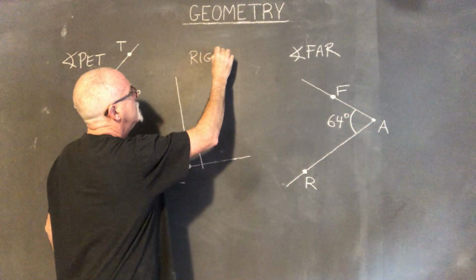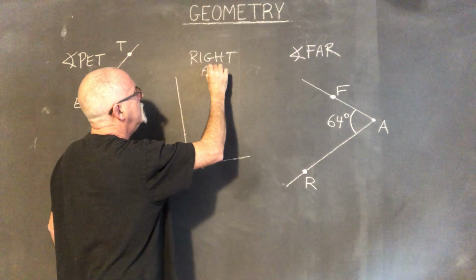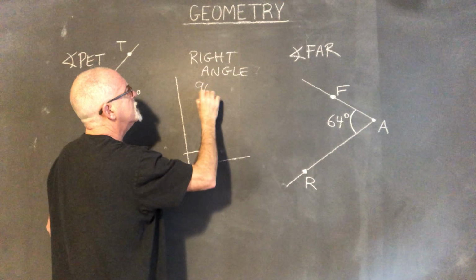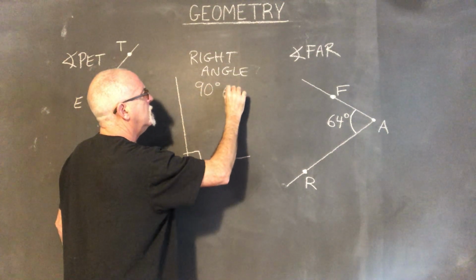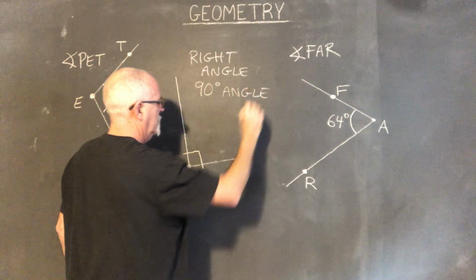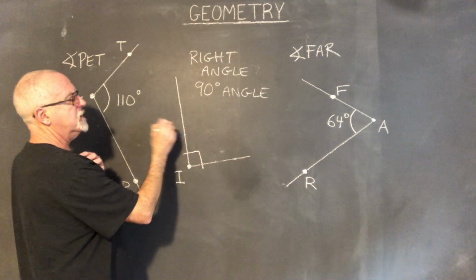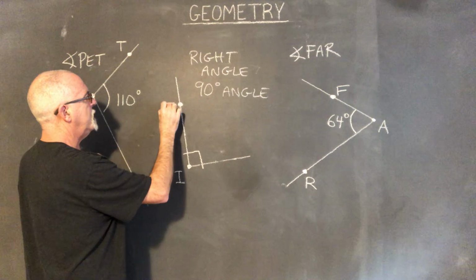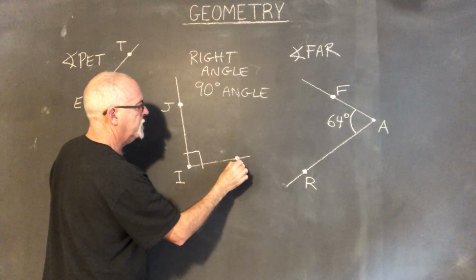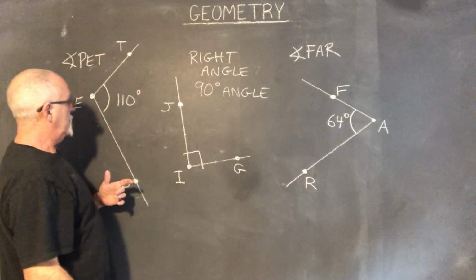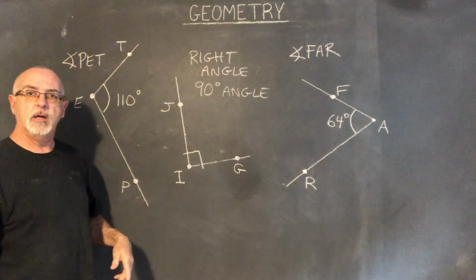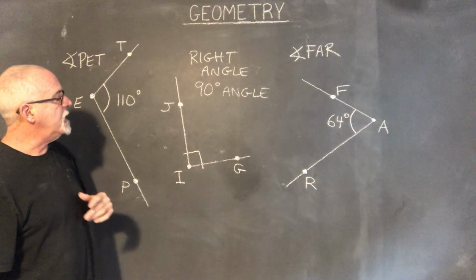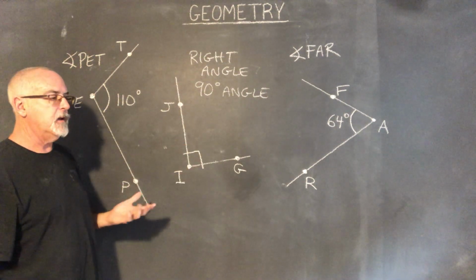Right angle, which is a 90-degree angle. And let's see, I can call this point J, and this over here I'll put point G, and I have angle JIG. My angle JIG, or my angle gidge if I want, is a 90-degree angle, and we see all the different ways that we can show that.